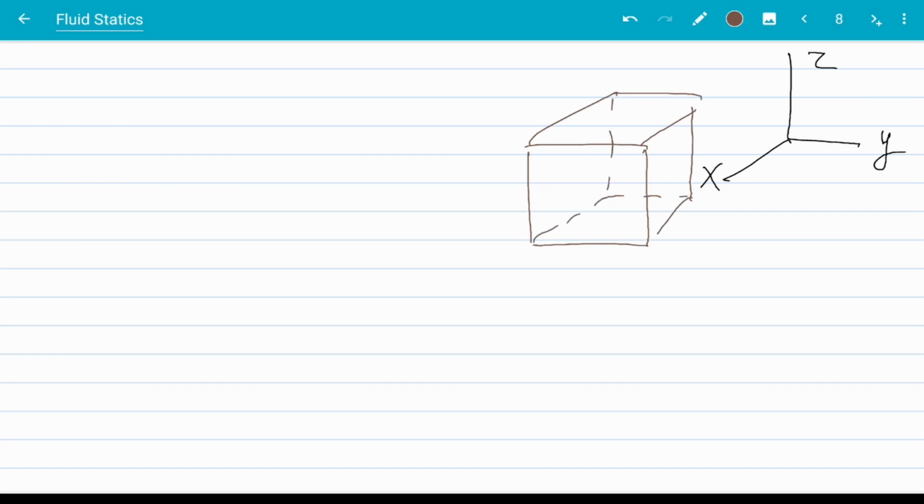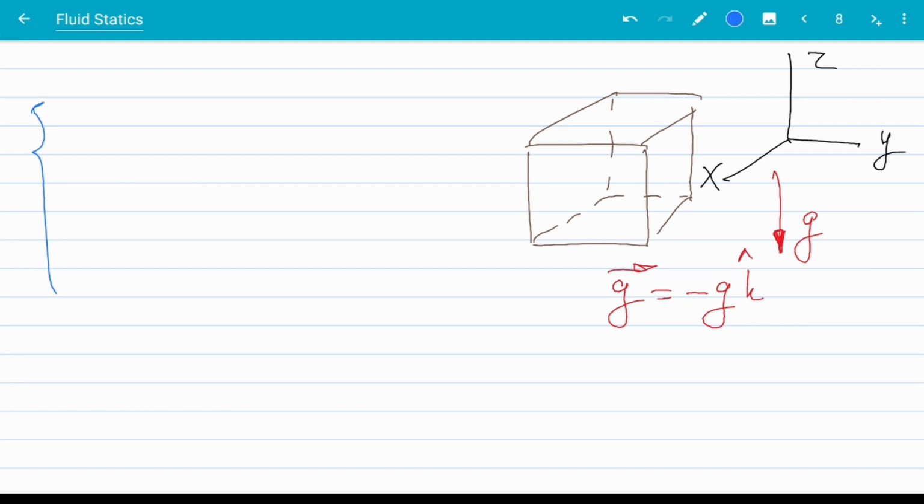Now, gravitational acceleration in a scenario like this is in the direction of negative z. Okay, so I can say that the vector g is negative g k.